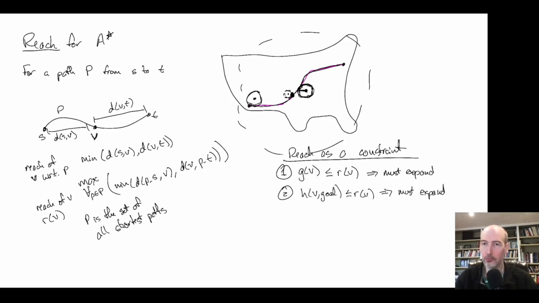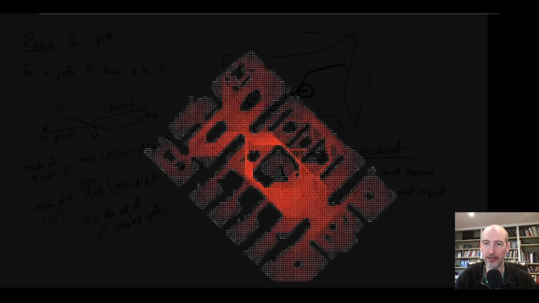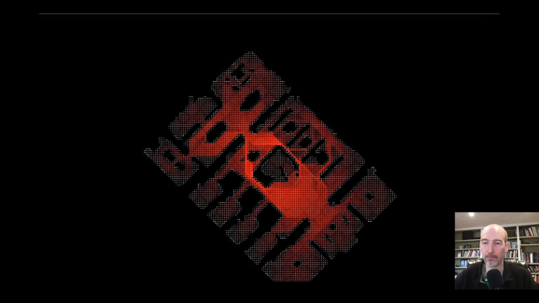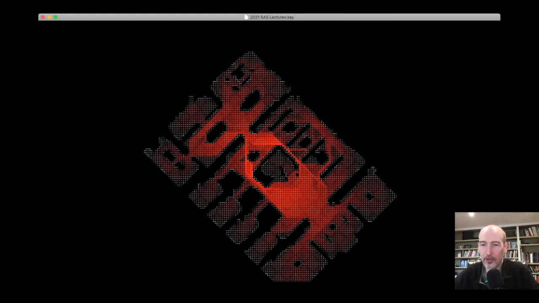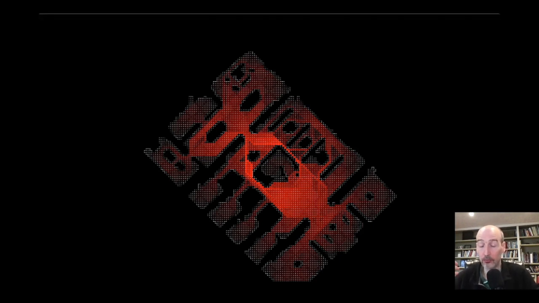So we're going to look at two pictures here. And interestingly here, when we generate this, we can actually generate reach, perhaps unsurprisingly given the previous example, both using canonical ordering and not using a canonical ordering. And so here, if we look at this picture, this is a map, and the darker the color, the higher the reach.